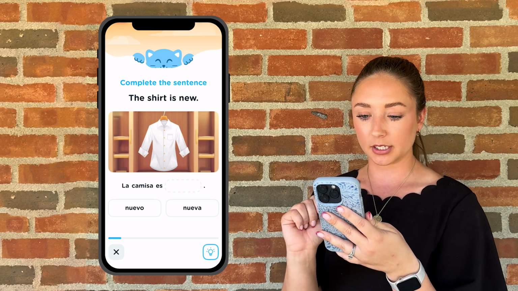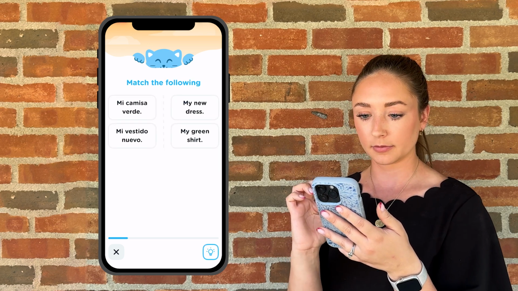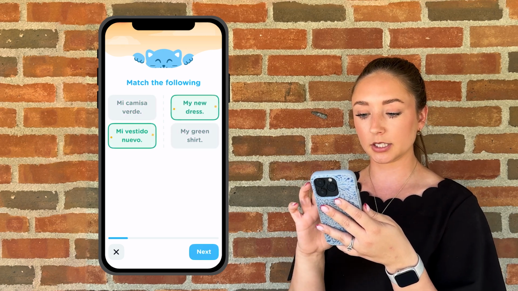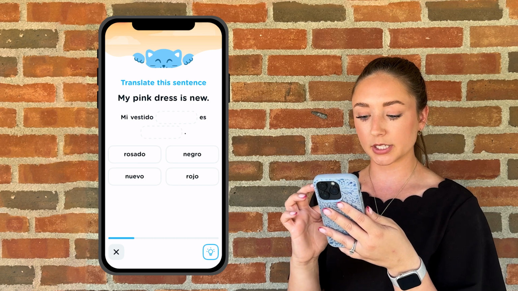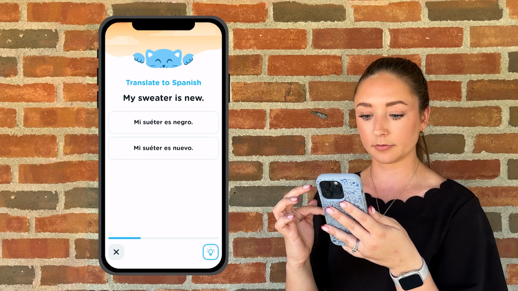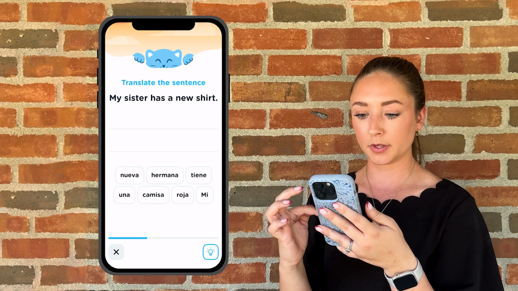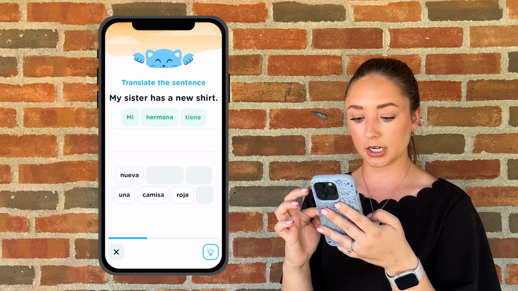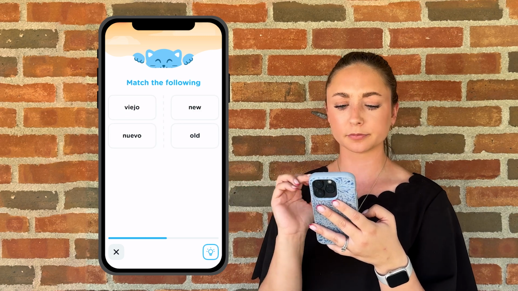Complete the sentence. The shirt is new. La camisa es nueva. Match the following. Mi camisa verde, mi vestido nuevo. My pink dress is new. Mi vestido rosado es nuevo. My sweater is new. Mi suéter es nuevo. Translate the sentence. Mi hermana tiene una camisa nueva. Match the following.